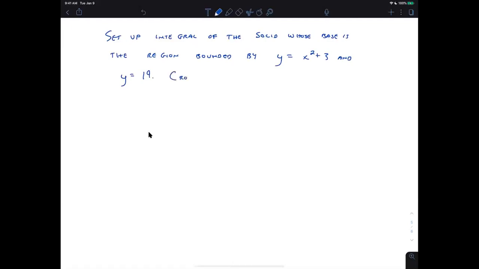Cross sections of the solid parallel to the y-axis are rectangles with height double the base in XY.